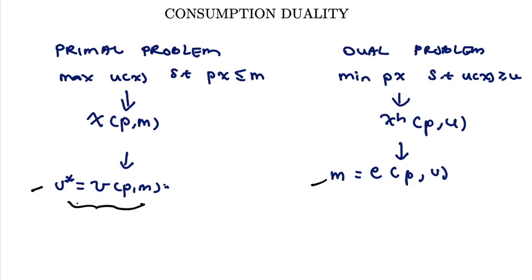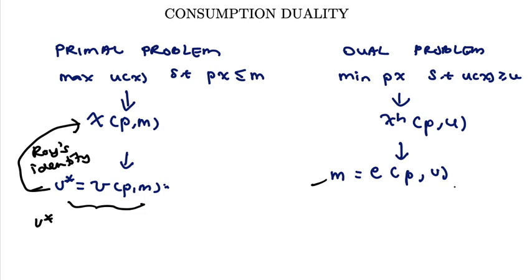If we differentiate the indirect utility function with respect to P, when utility is constant at the optimal level, then we can get the Marshallian demand function. We get it by having Roy's identity in it.